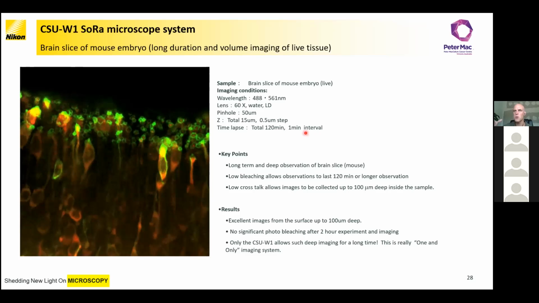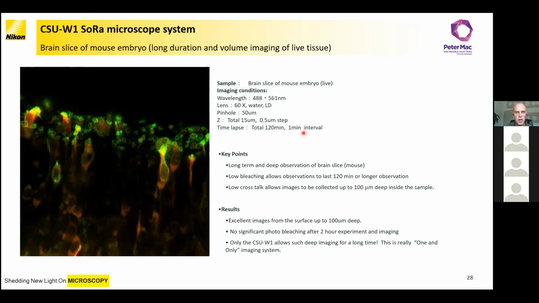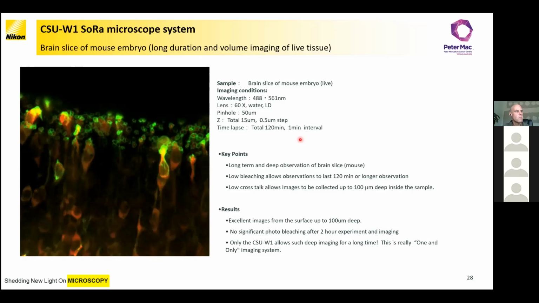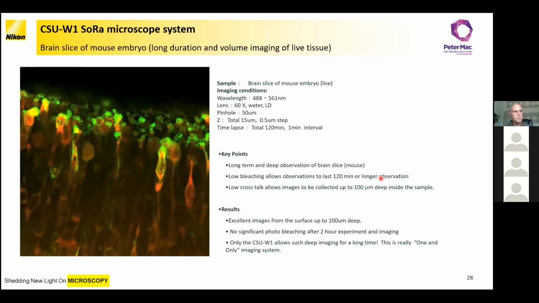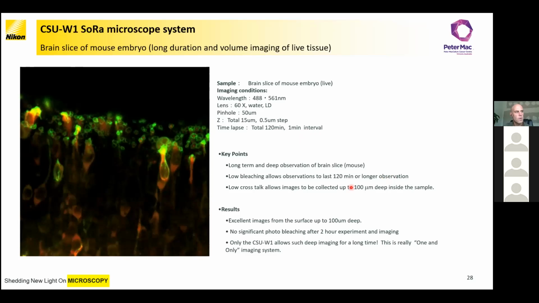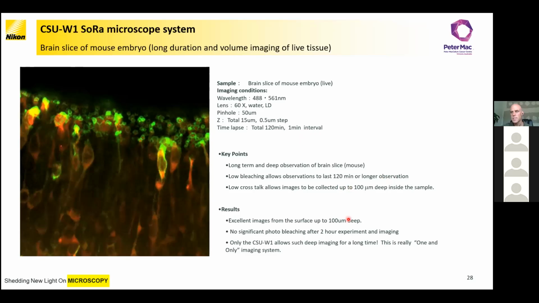So an incredibly long and statistically useful imaging experiment. Again, we can image for 2 hours because there's no photo bleaching in the sample. And I mentioned previously as well that depth within the sample is really a problem for the system with the confocal.